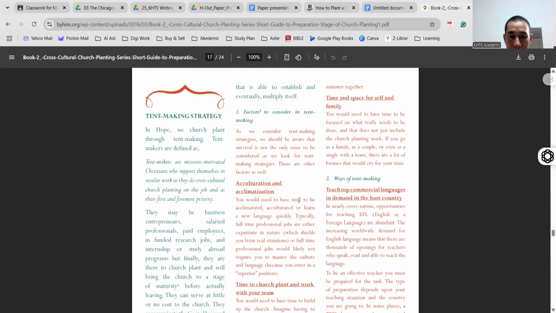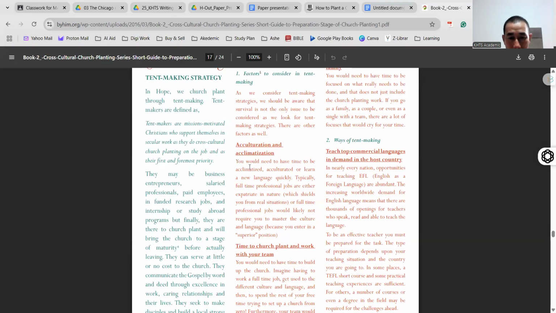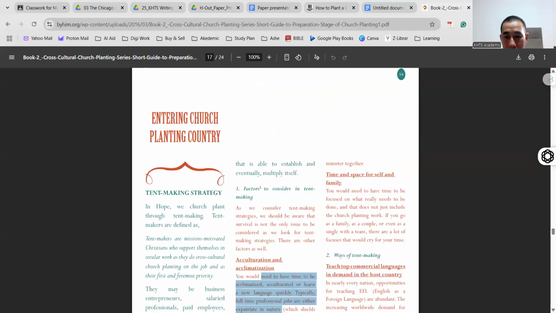From here, say for example we copy that section and it is on page number 14.